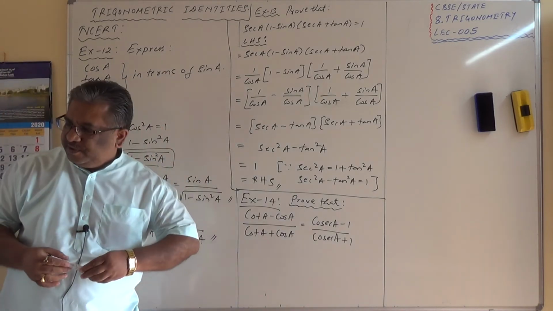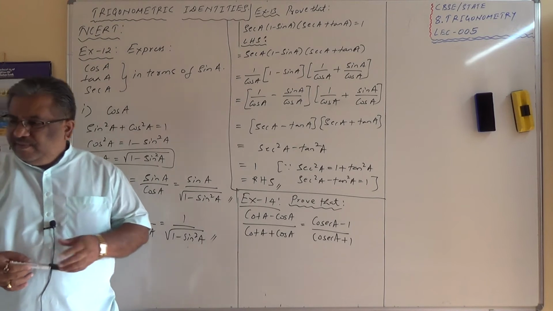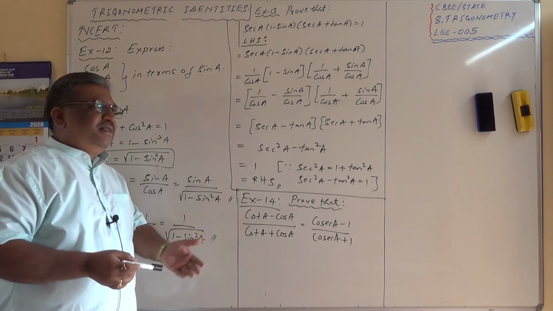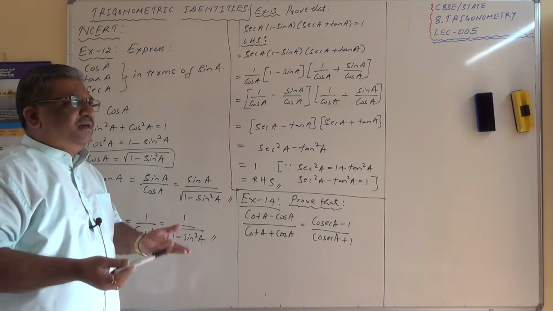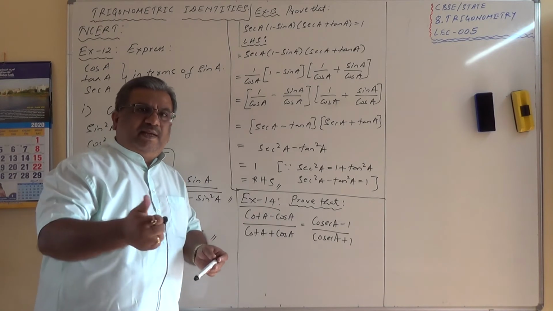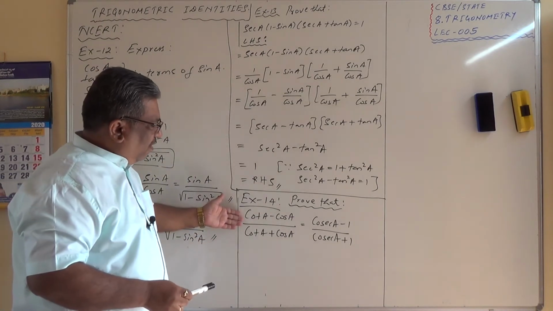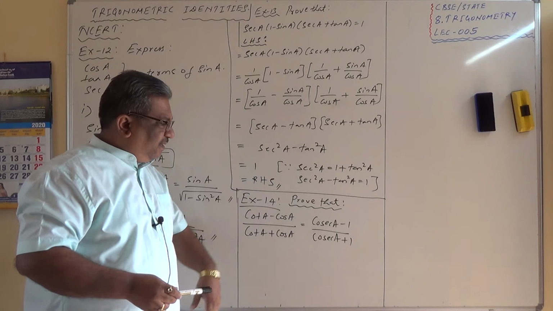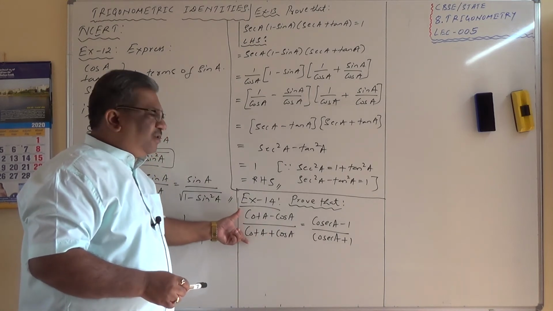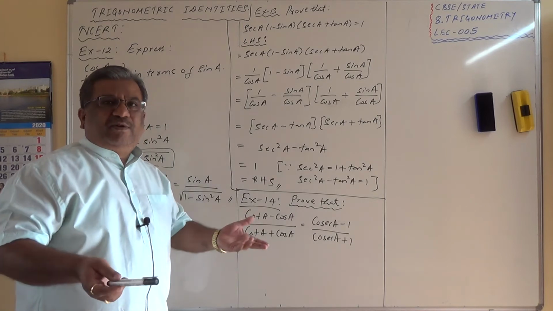So how do you approach this one? There are many methods. The textbook method is there, and you can have your own method. In trigonometry, the method cannot be dictated. Only hints I can give you. Here cot and cosec are there. So if I take the left hand side, I would like to express cot in terms of sin and cos ratios.